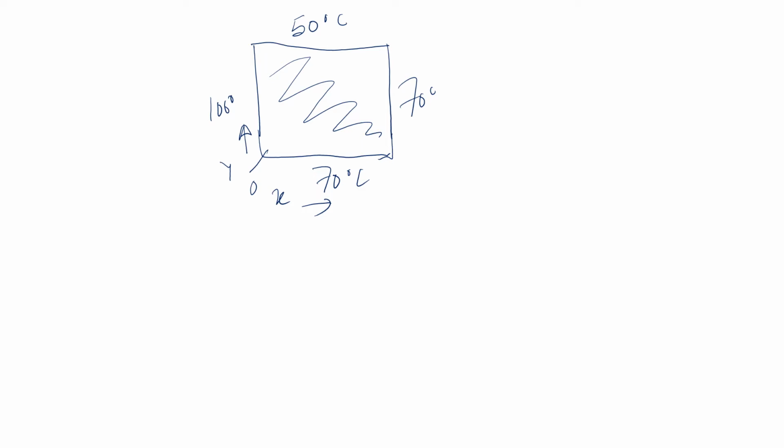Now we can divide this square plate into segments of uniform dimension, and we can find the temperature at the junction points of these segments.